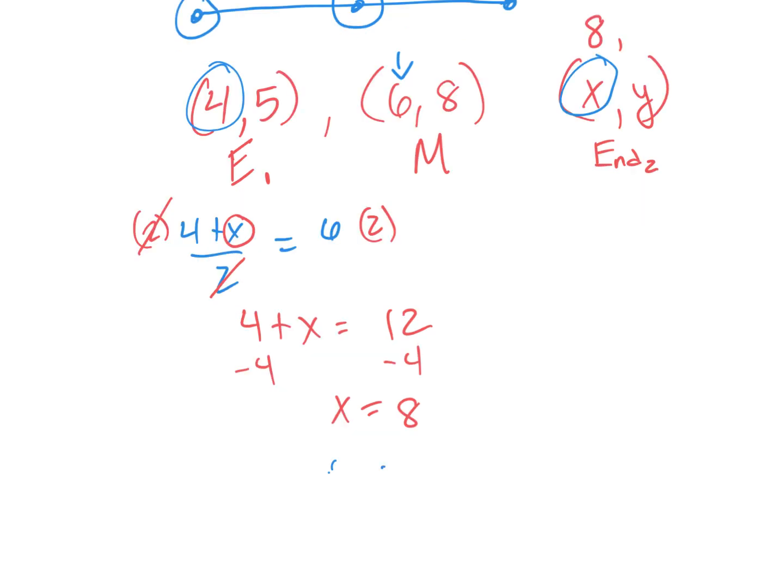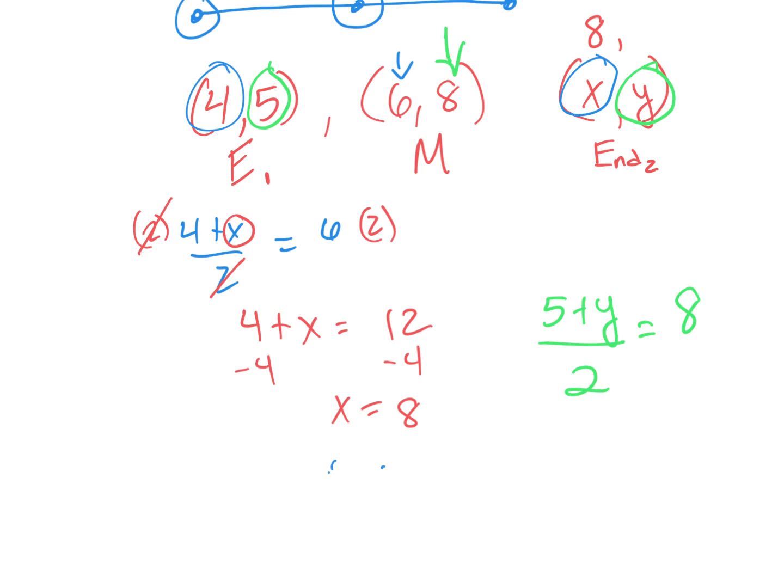Okay, so to find the y, we take the y of the endpoint and the other endpoint. So it would be 5 plus y divided by 2 equals this guy, 8, because they're giving you the midpoint. So you kind of have the answer. You need to find the part that's missing.